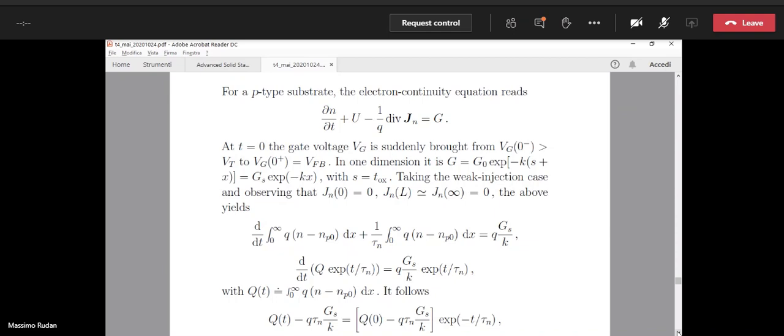So this exponential is 0. So as usual, the integral of the optical generation term reduces to a constant, okay?